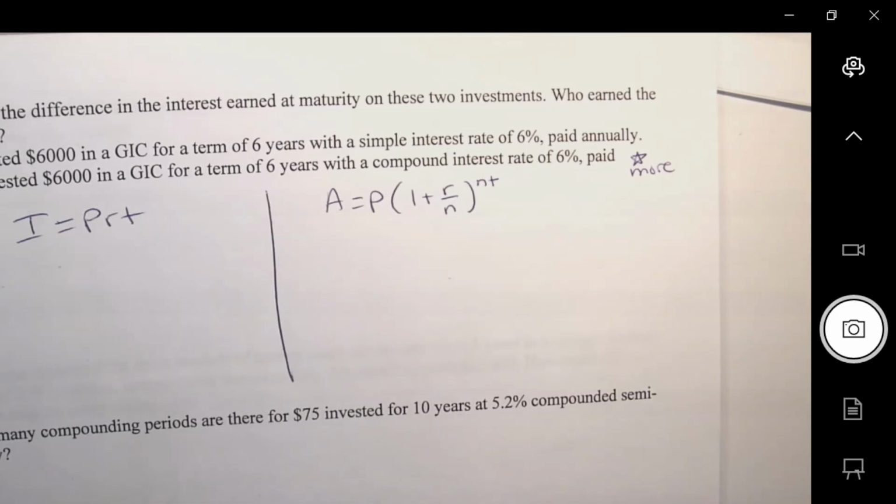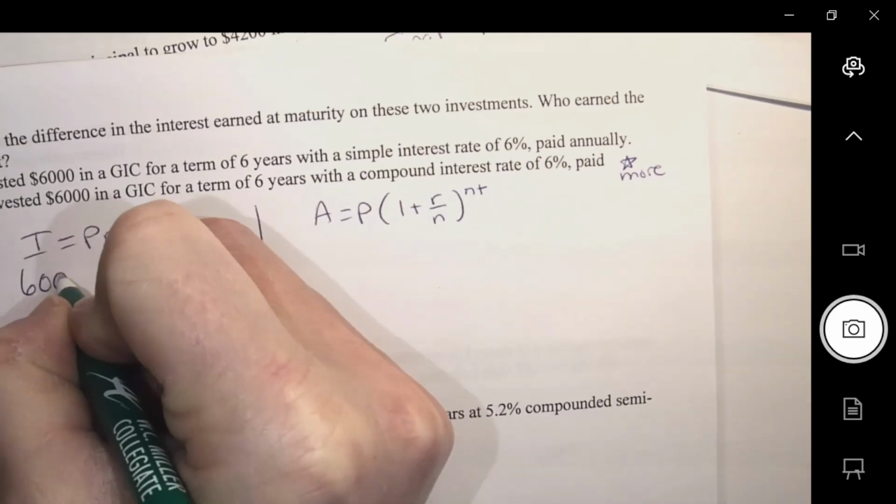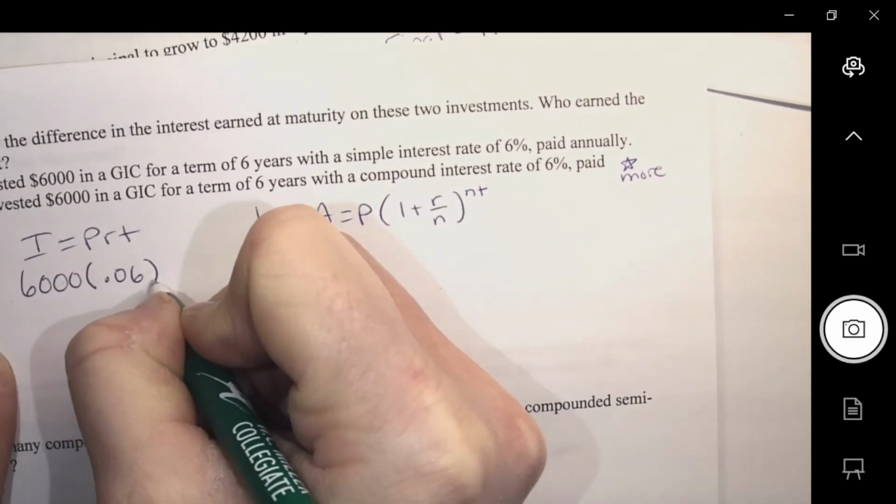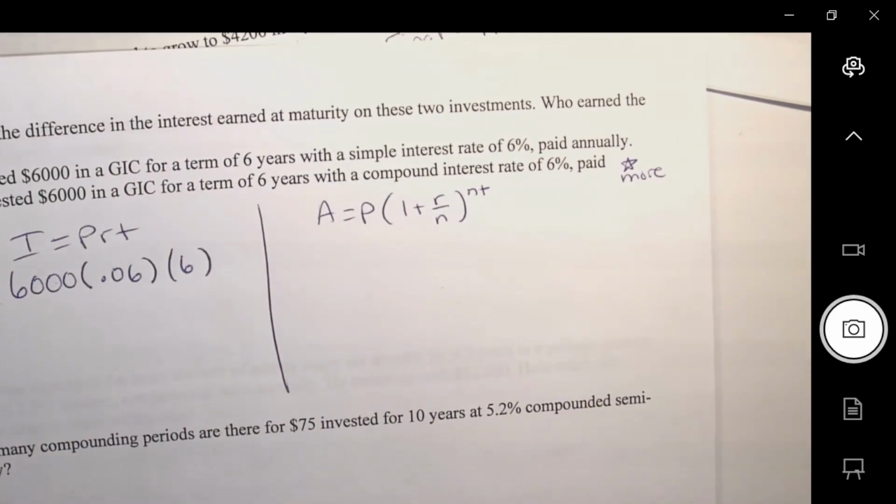So the simple interest is just 6,000 times 0.06 times 6.